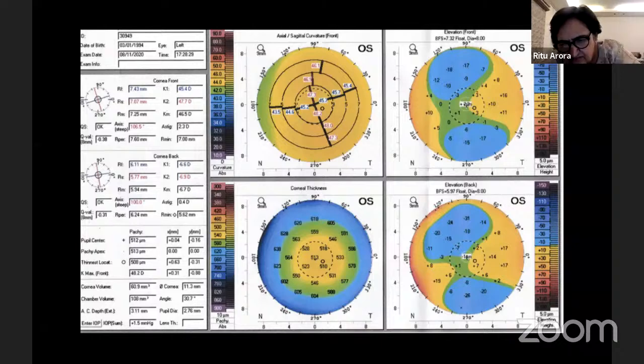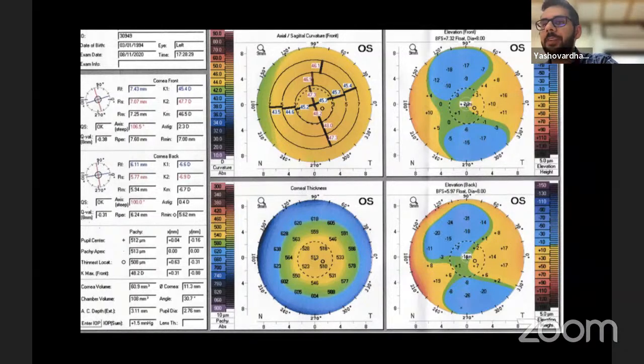I think it is 2.2. I can't exactly read it, there is some overlap there.